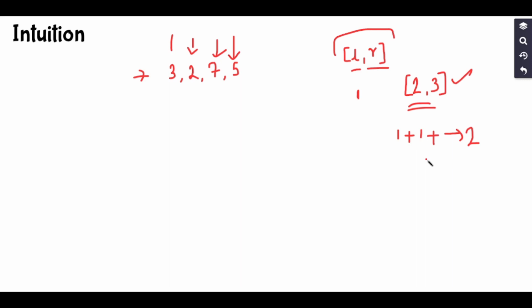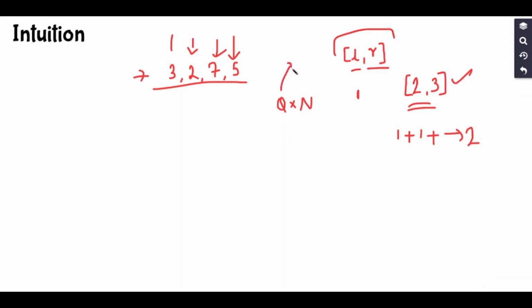But for this strategy, we have to traverse the entire array for each interval. Now we have q such intervals, and each interval takes an entire traversal of the array, giving me the overall time complexity of q multiplied by n.